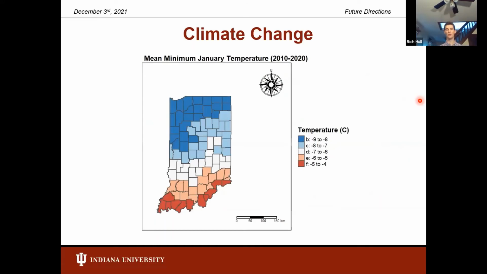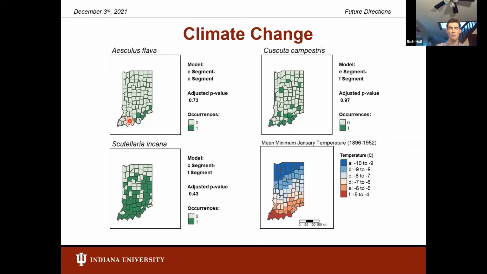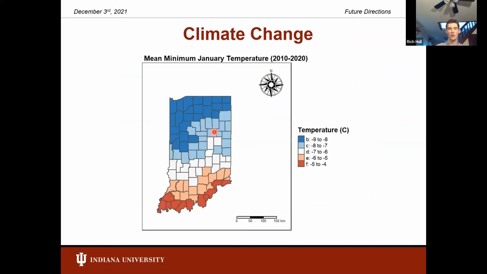So now we're able to see if species that met this model, for example, have moved northwards in correlation with the change in temperature by seeing if they fit the same alternative model for temperature that they fit historically.